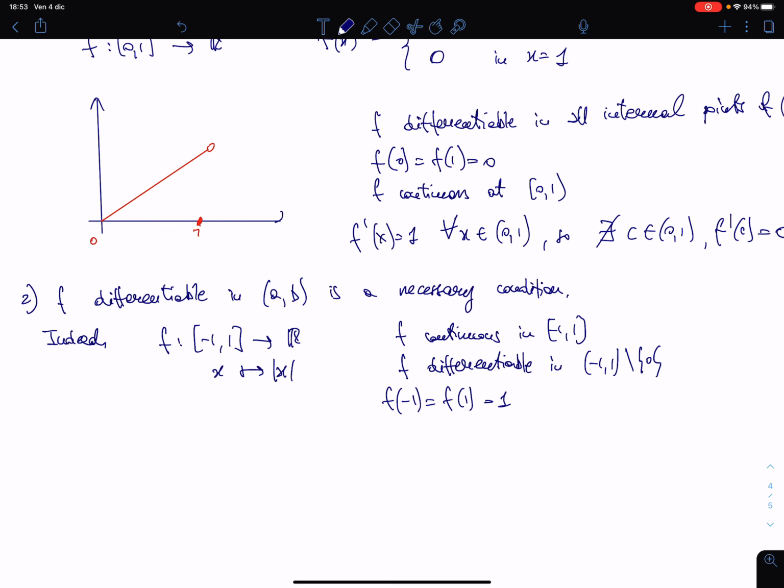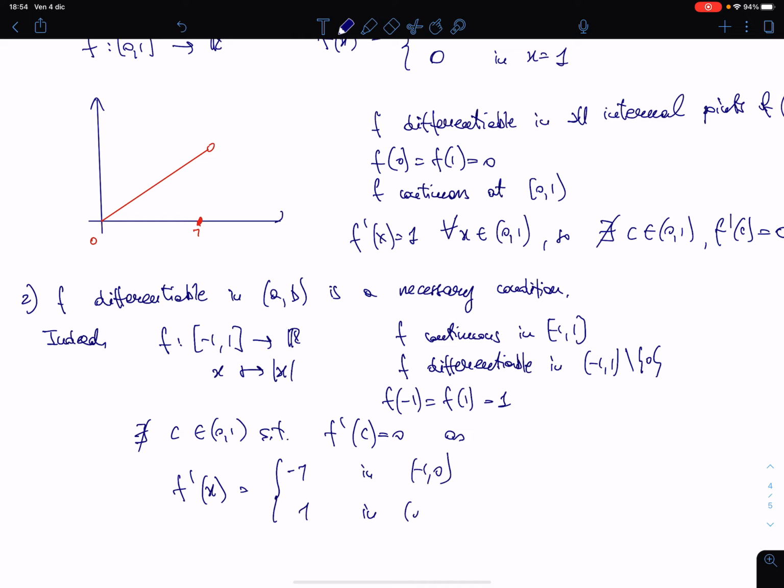And f is not differentiable at 0, and there is no c such that f'(c) is equal to 0, since f'(x) is equal to -1 in (-1,0), and is equal to 1 in (0,1). So it is never 0.